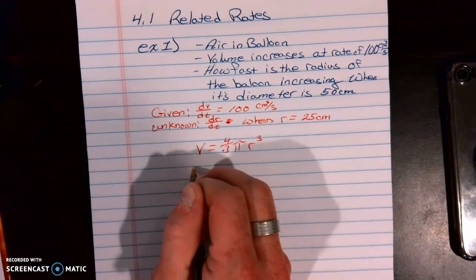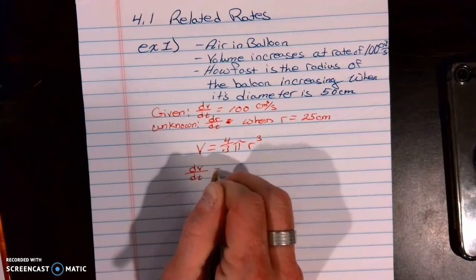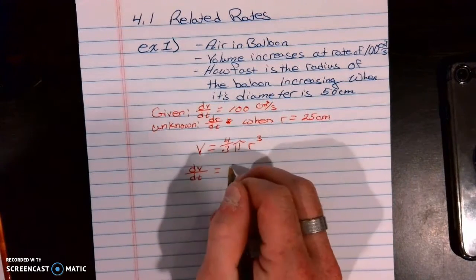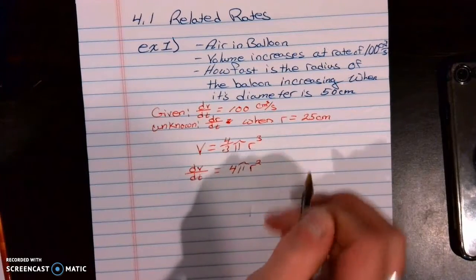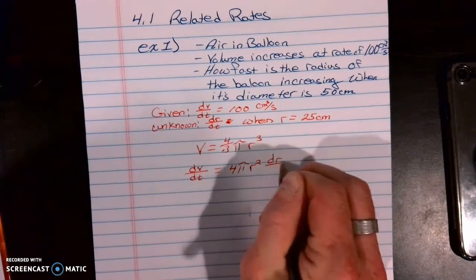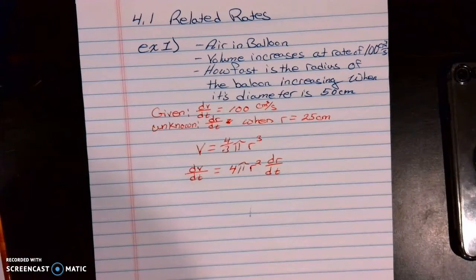And when we do that, I'm going to have dV/dt equals 4 pi r squared dr/dt.